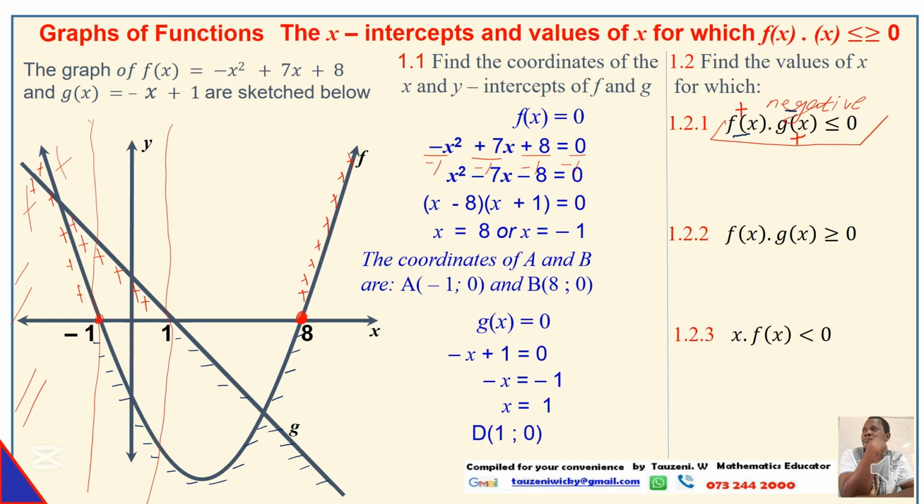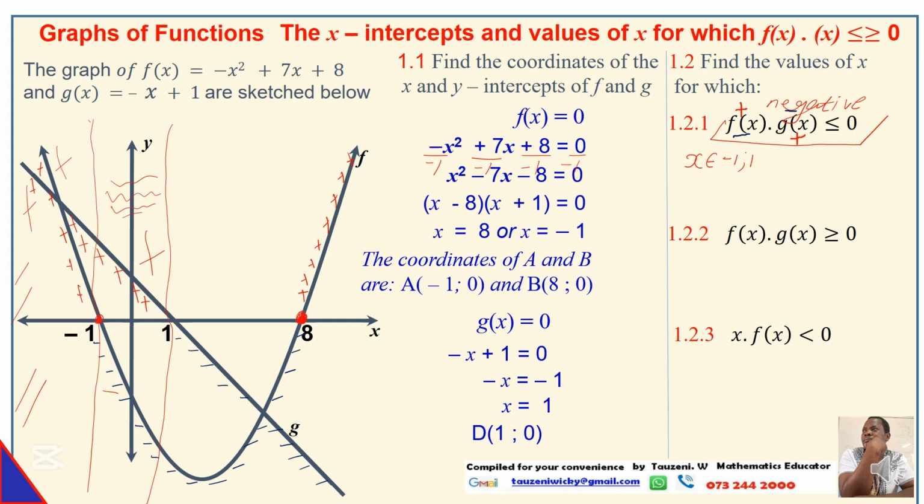Now consider what is happening within this range from -1 up to +1. We notice that g is positive, but f is negative at the bottom here. That is the answer we need for this question. So we can say the value of x is from -1 right through up to +1.